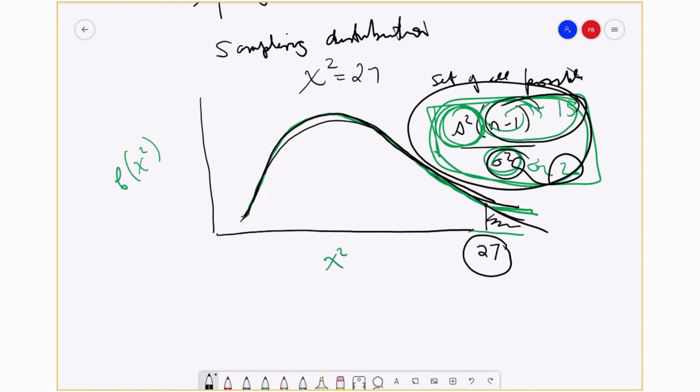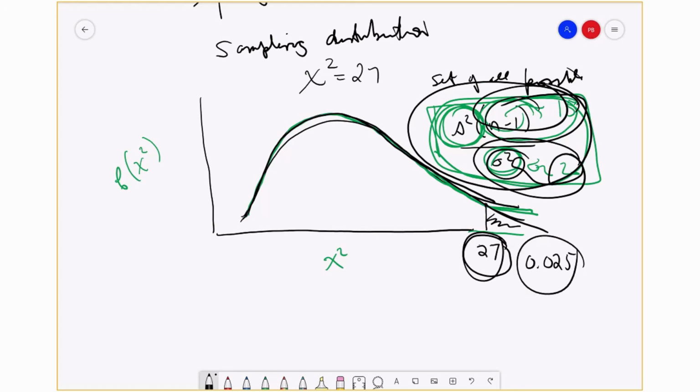It's actually 0.025, which I would consider to be a rare event. And if we don't believe in rare events, then something's gone wrong. Because if this is equal to 15 and this is equal to 20, the probability of getting a 27 is really unlikely.